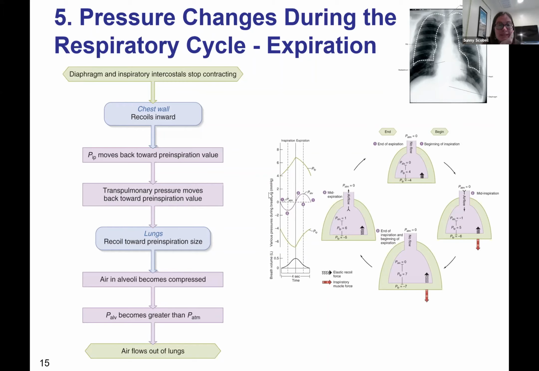Okay, so you can see that in this diagram here, that as we pull on that lung wall, the pressure on the wall itself goes up. And as we relax the pressure on that lung wall, the pressure on the lung wall itself goes down. Does this make sense?